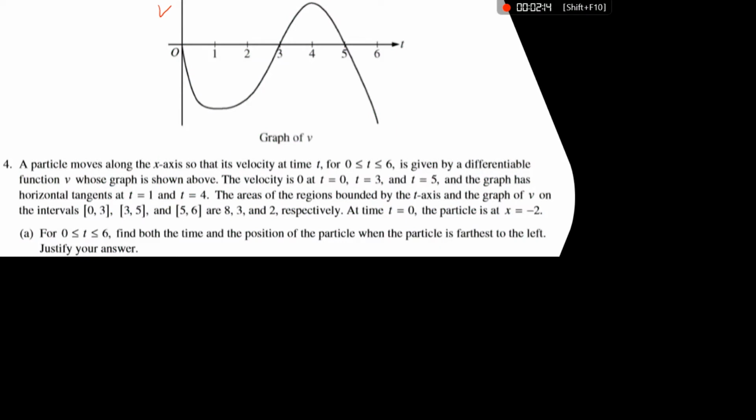And the graph has horizontal tangents at 1 and 4. The area bounded by the t-axis and the graph of v on the intervals 0, 3, 3, 5, and 5, 6 are 8, 3, and 2 respectively.